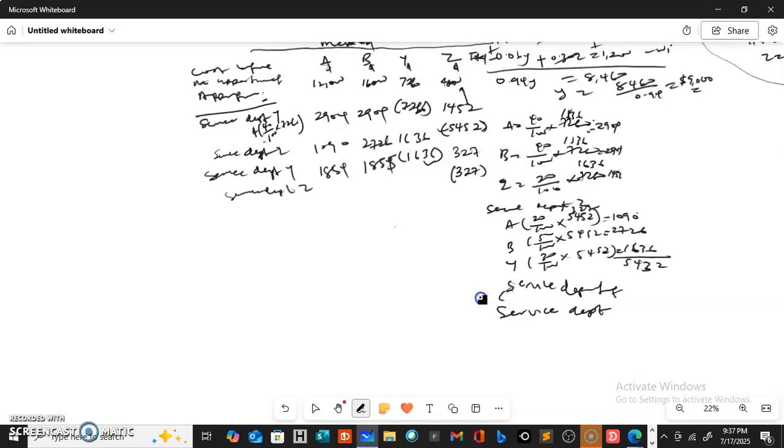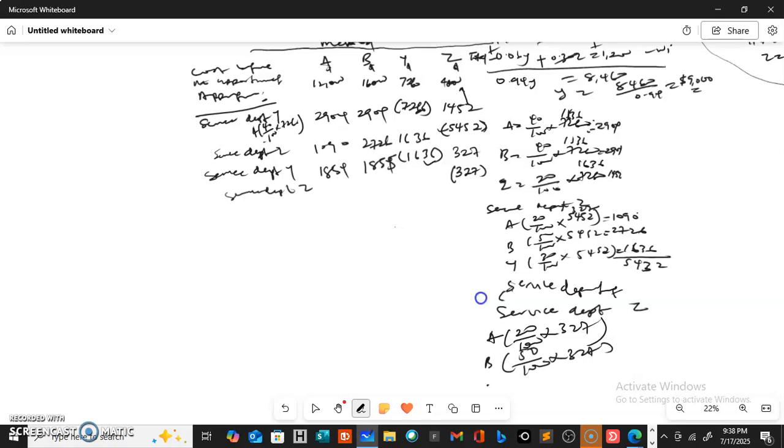That should be service department Z. Okay, so we want to apportion 327 now. For A, we have 20 over 100 multiplied by 327. For B, we have 50 over 100 times 327.